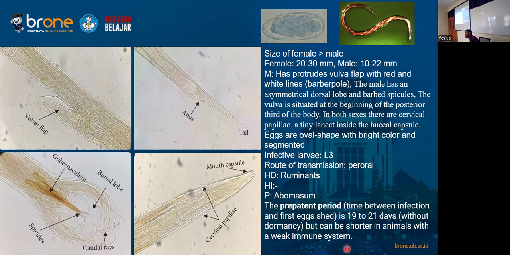Perfect answer. Because when the immune system is weak, which immune system has the role to make the worm die or become inactive? Which one?